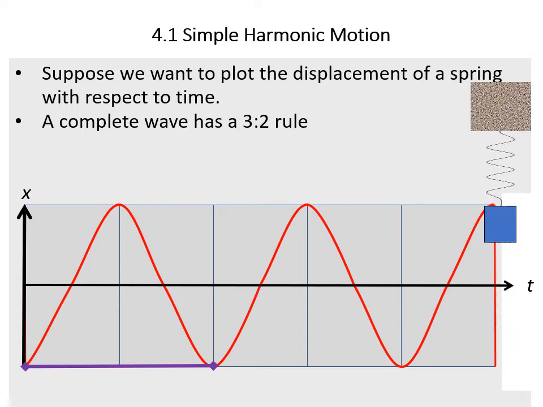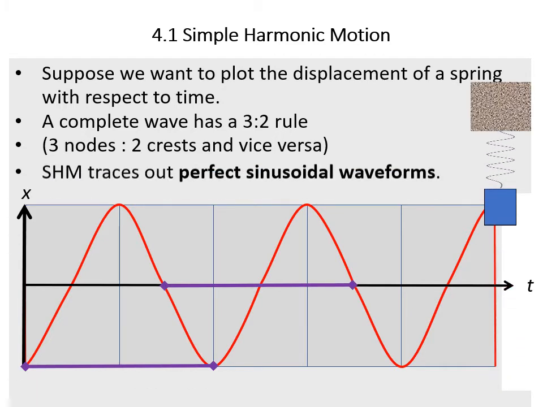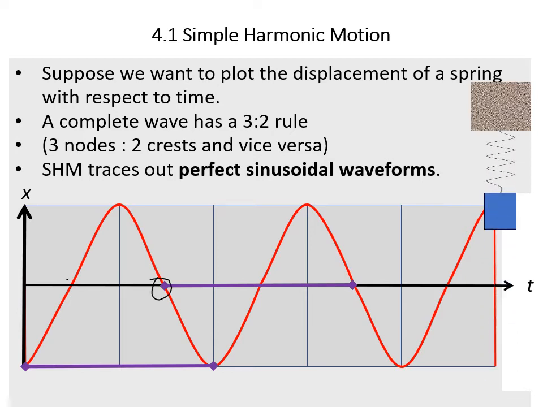So to know how many cycles it has completed or how to represent a single cycle on a graph, one cycle, one complete wave follows a 3-2 rule, always 3-2 rule. There are always 3 nodes and 2 crests. A node is a place of 0 displacement, 0 amplitude. Right here is a node, node, node.